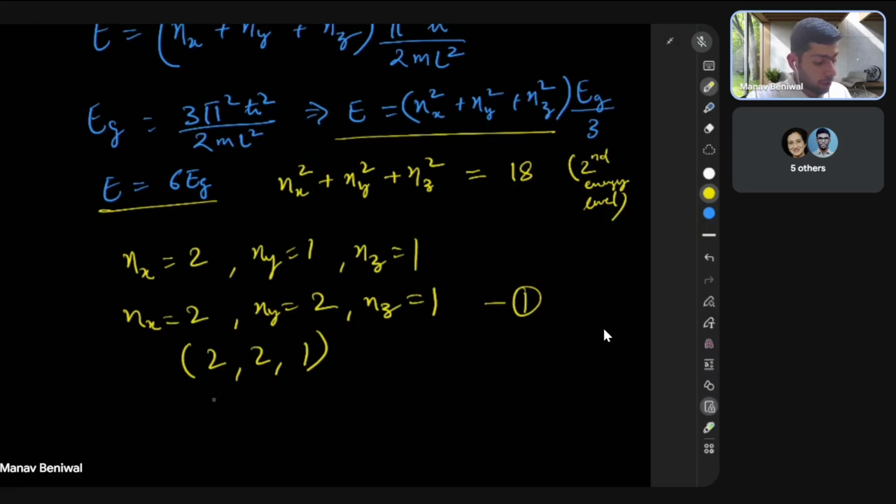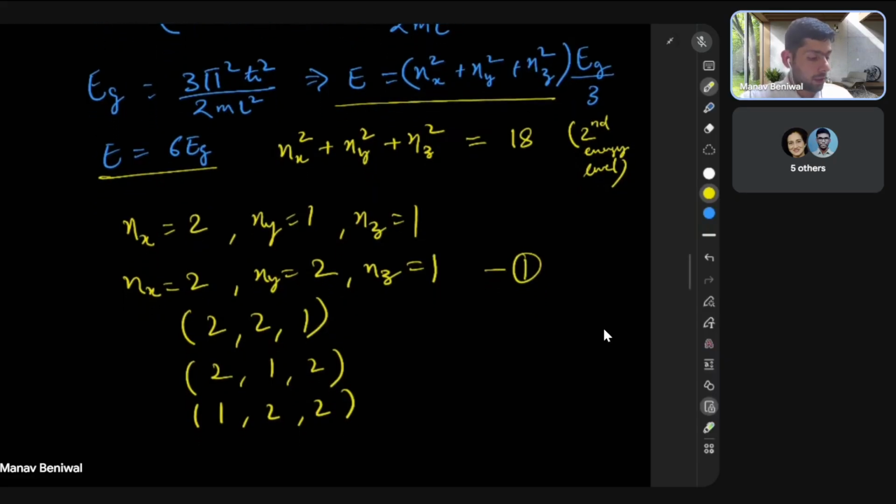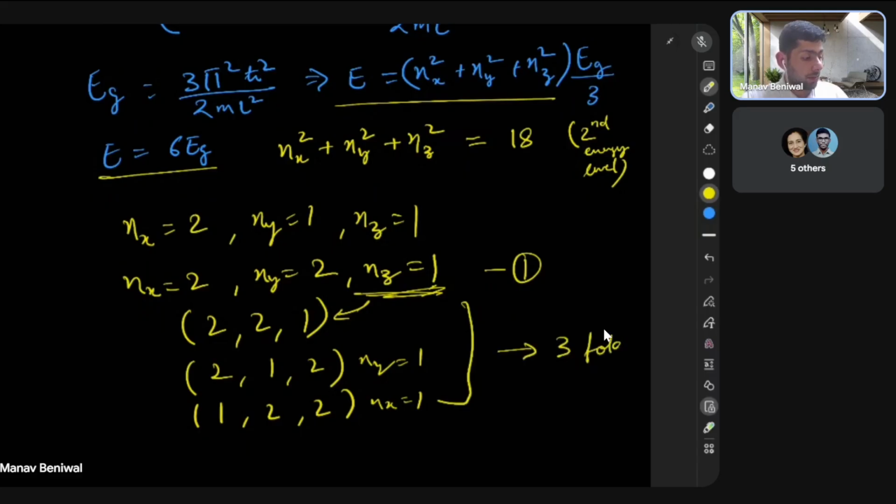What we can also have is 2 1 2, and finally 1 2 2. So once our nz is 1, next our ny is 1, and finally our nx is 1. These are three possible ways, which corresponds to threefold degeneracy.